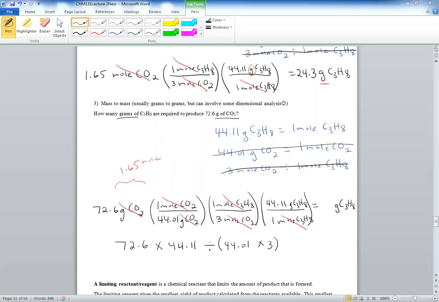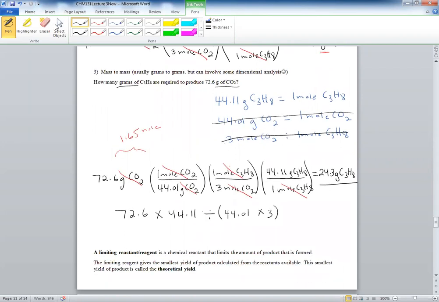So it would be 72.6 times 44.11 divided by, open parentheses, 44.01 times 3. Nothing different than the last answer, 24.3. So this is how you do stoichiometry.